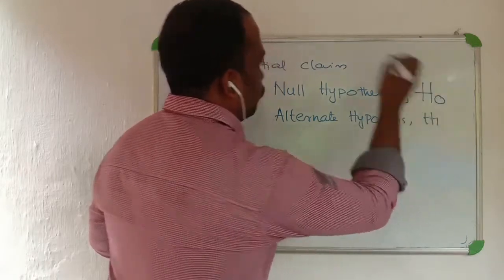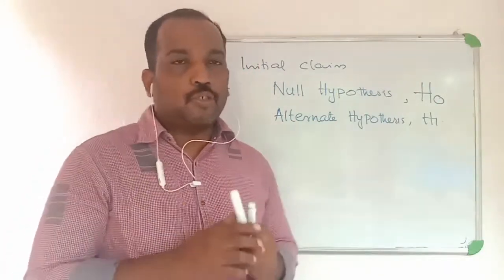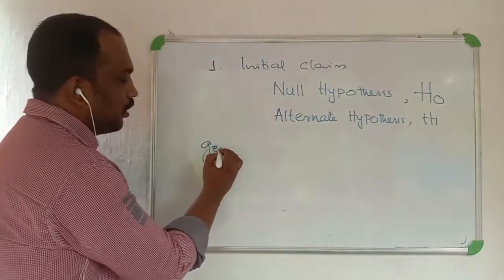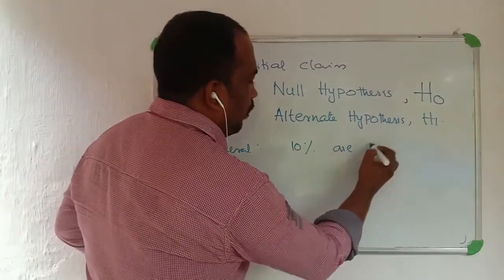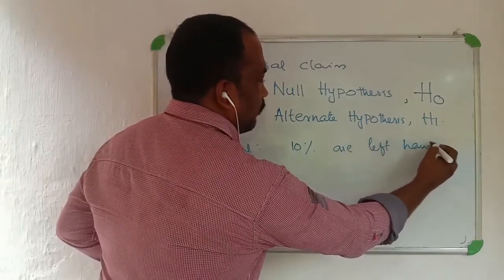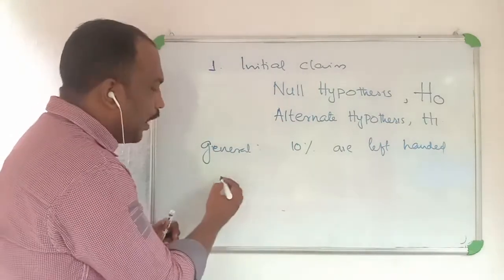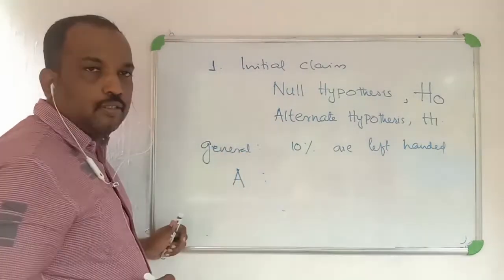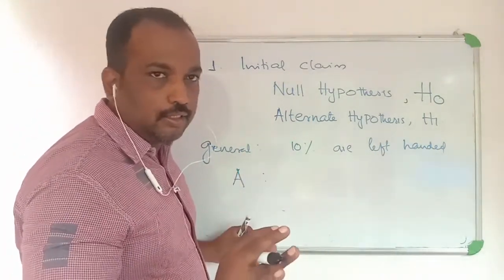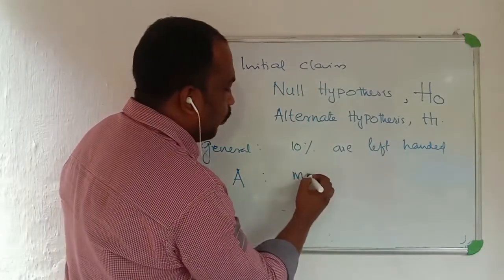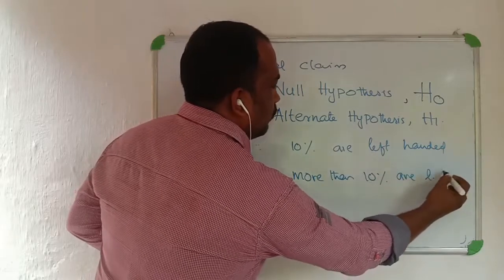Denoted by H1. The initial claim is made by me, suppose I am making a general claim that 10% are left-handed. That's a general claim. Now another person, person A, opposes this claim and says, no, I don't think this is correct, I think more than 10% are left-handed.